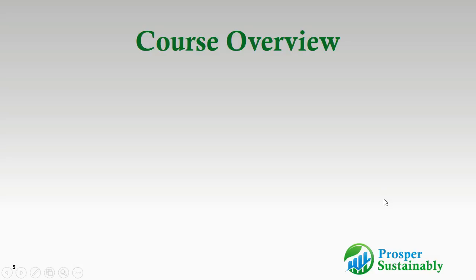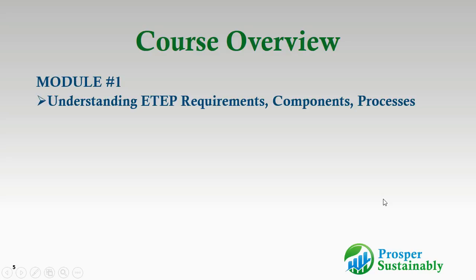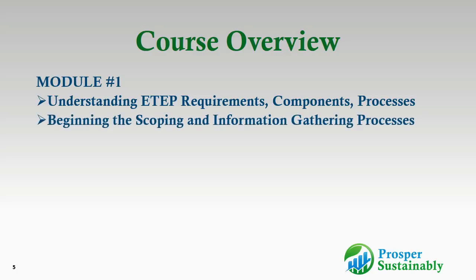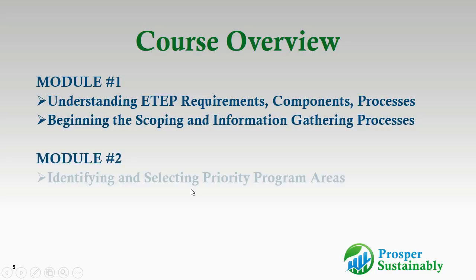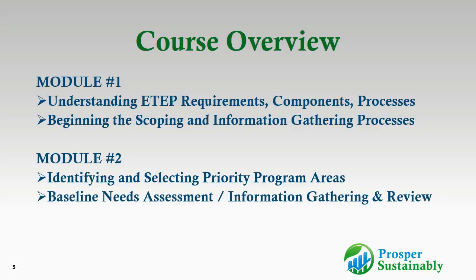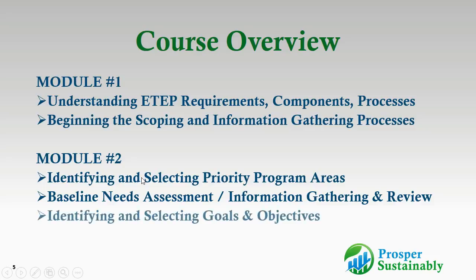And then just a reminder of where we've been and where we're going. In Module 1, we focused on the ETEP requirements, components, and processes, primarily according to the EPA GAP guidance. I walked through beginning the scoping and information gathering processes, and then in Module 2, we began to identify and select the priority program areas and dove into the process of gathering and reviewing information, otherwise known as the baseline needs assessments.